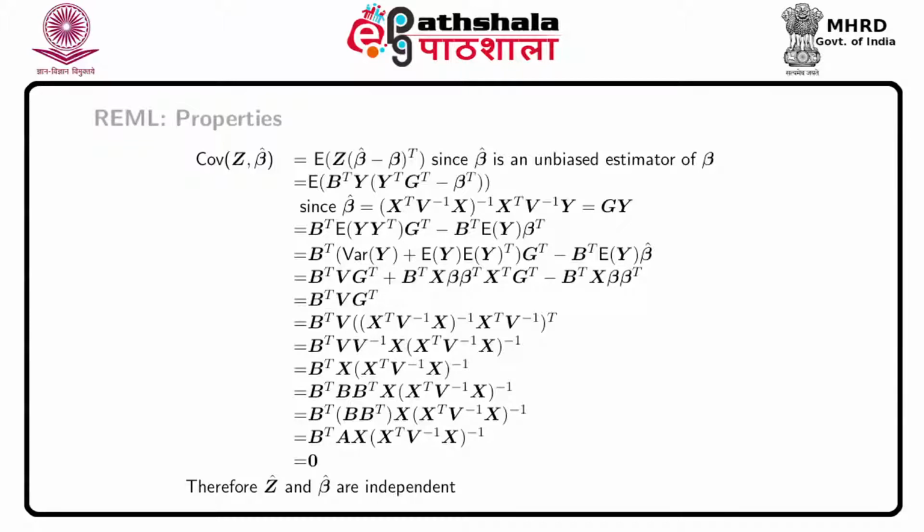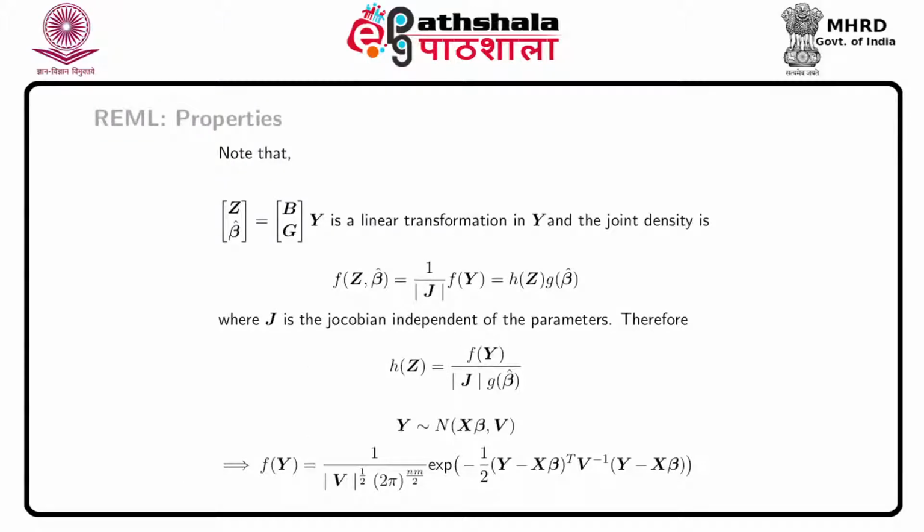Now if we see the distribution of Z and beta hat, Z is By and beta hat is some G into Y, so Z and beta hat are a linear transformation of Y, and so the joint density is f of Z, beta hat, which is equal to 1 by the determinant of J, or Jacobian, times f of Y, which can be written as Hz into G beta hat because they are independent.